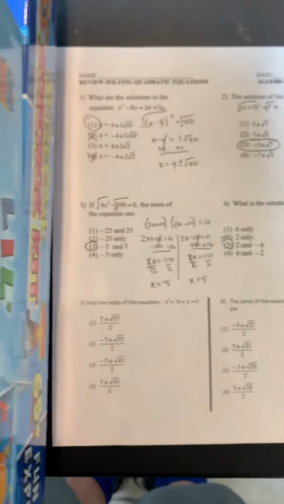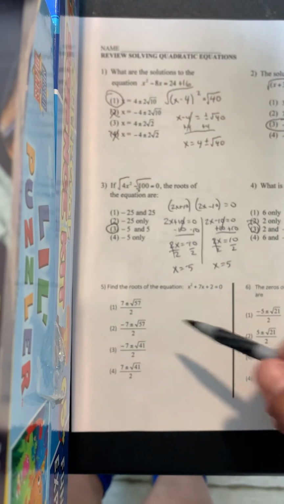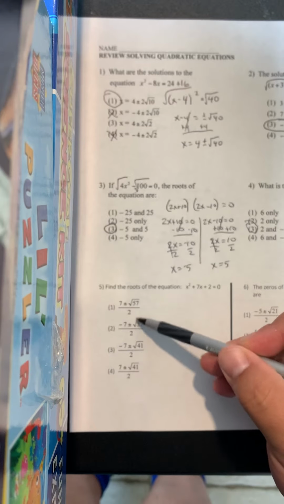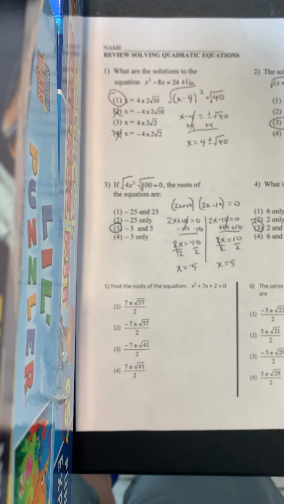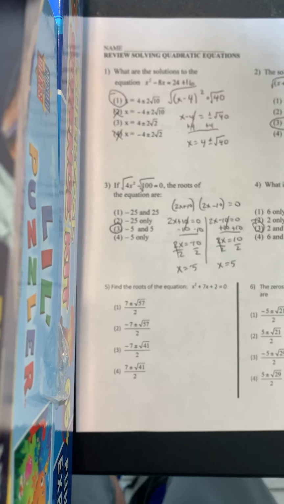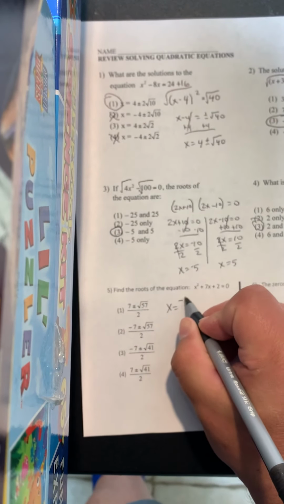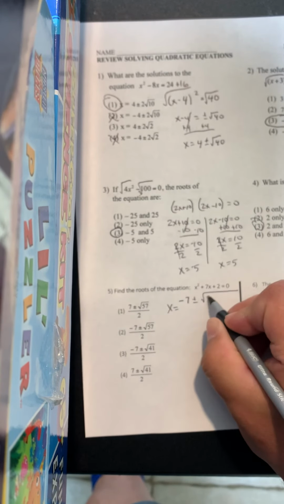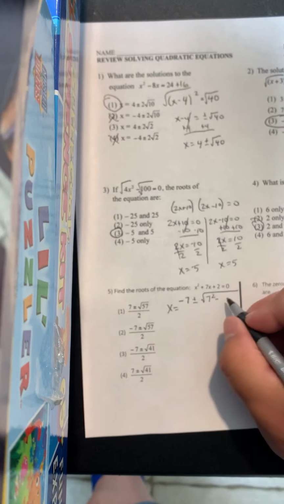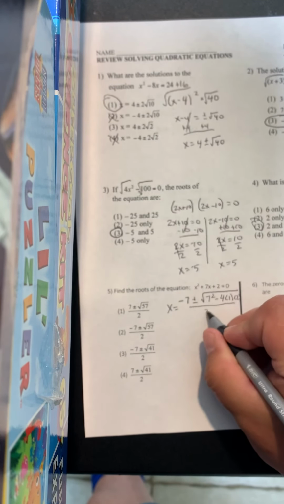Okay, taking a look at number 5. Look at my choices. I know I can't factor. It's already equal to 0. It's probably easiest just to use the quadratic formula. X equals negative b, so negative 7, plus or minus the square root of b squared minus 4ac, all over 2a.